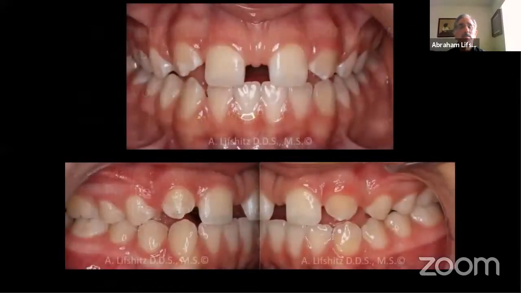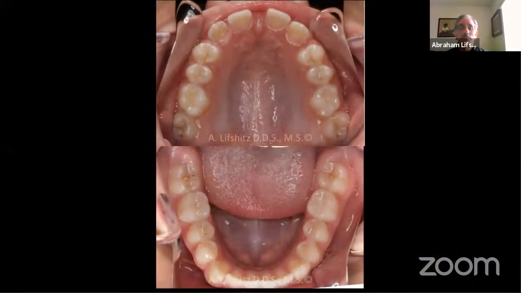So let's take a look at the malocclusion. She has almost a class 1 relationship with spacing on the upper arch, some space distal to the canines, limited overbite, limited overjet. She has the maxillary first molars rotated. So if we derotated, we might be able to achieve a class 1.